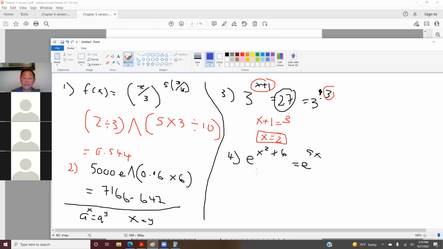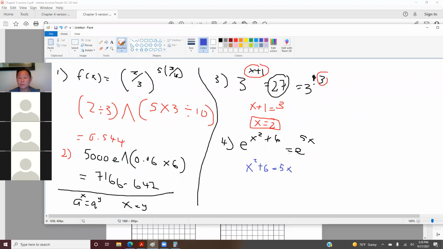So the power in this case is x squared plus 6 equals 5x. This is a quadratic, so we have to make it equal to 0. I will move the 5x over to that side, so it becomes x squared minus 5x plus 6 equals 0. To solve for x, you have to factor.